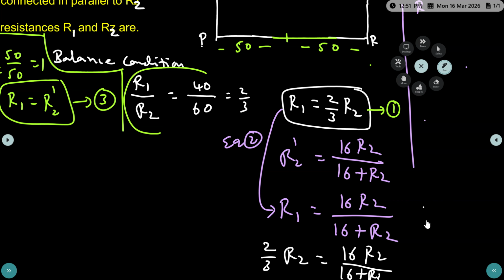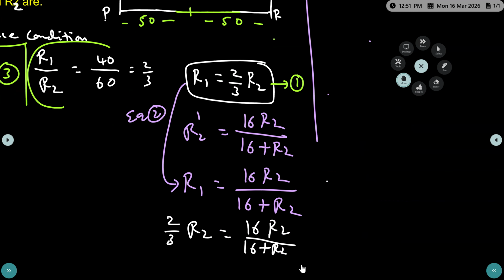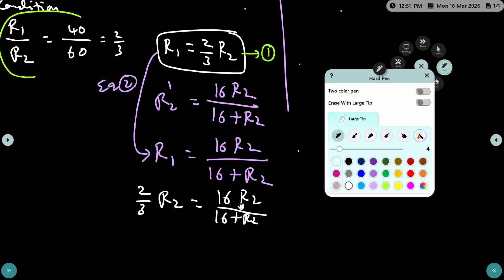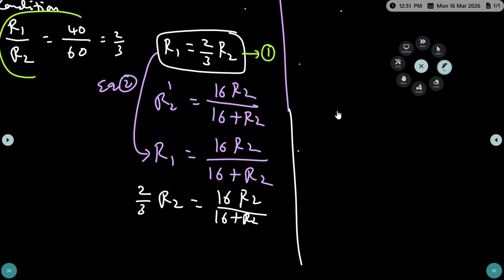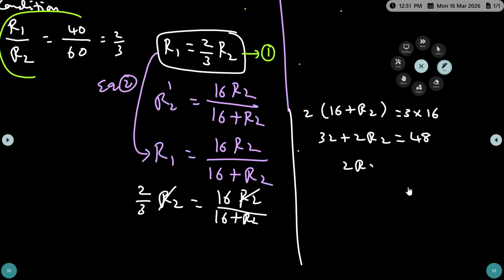Now directly get the R2 value by solving this. Very simple. R2 gets cancelled here. Cross multiplication: 2 into (16 plus R2) is equal to 3 into 16. 32 plus 2R2 is equal to 48. 2R2 is equal to 48 minus 32, which is 16. Therefore, R2 is equal to 8 omega.